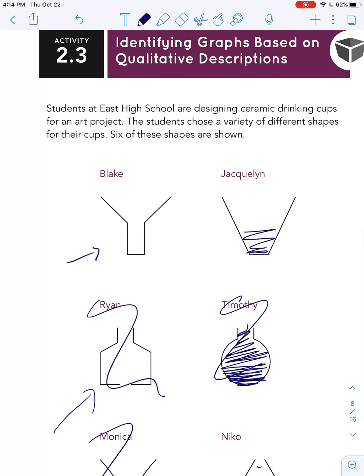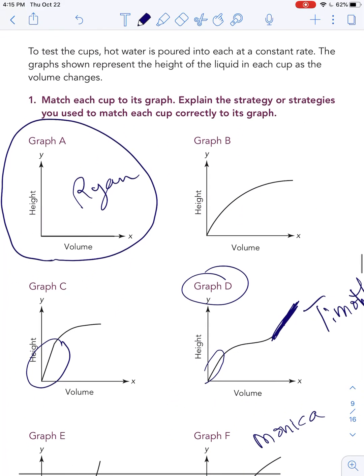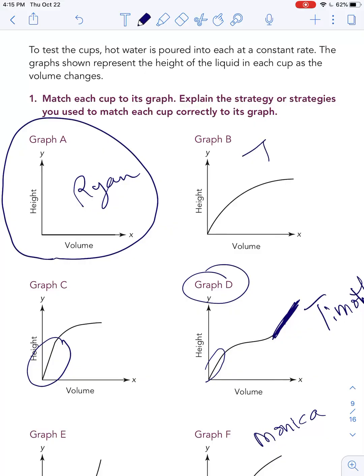This one is super fast, or it goes up fast and then kind of peters out. Ooh, Jacqueline. I think this one is Jacqueline.